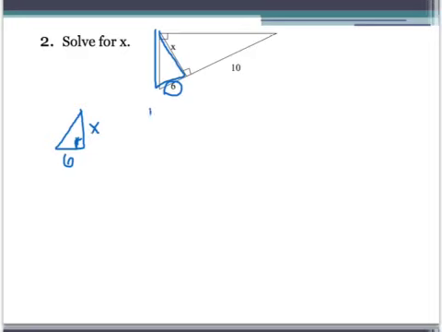Then I have my medium triangle. And let me change my pen color. And that one is right here. Now I do not know the length of the hypotenuse. It's not labeled. But I know the short leg is x and the long leg is 10. Now I could go ahead and draw my large right triangle.